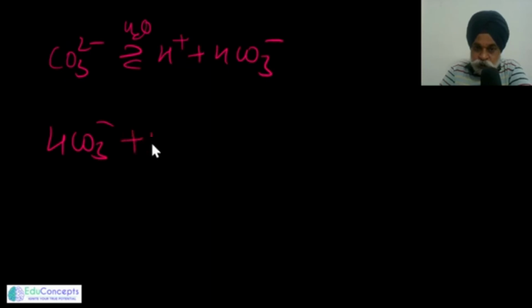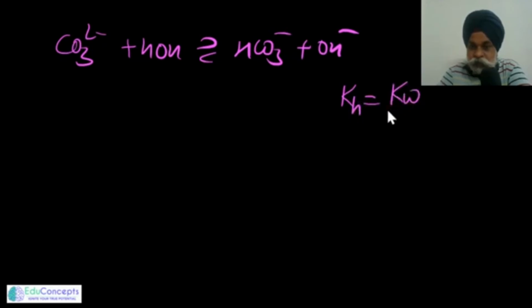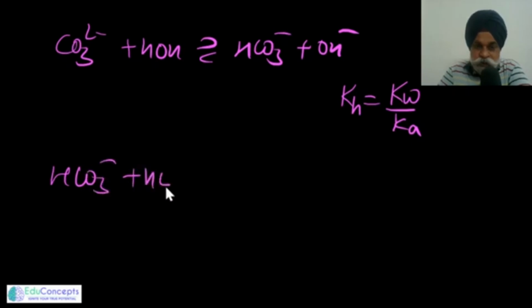Bicarbonate also does, let me write it once more for you. What I am referring to here is bicarbonate. When you put this into water, it produces this along with OH negative, and as you know, Kh is equal to Kw upon Ka. Here HCO3 negative with water gives you H2CO3 plus OH negative.